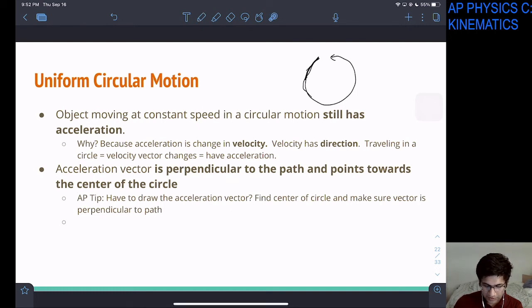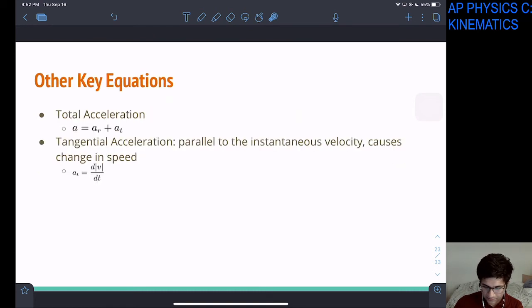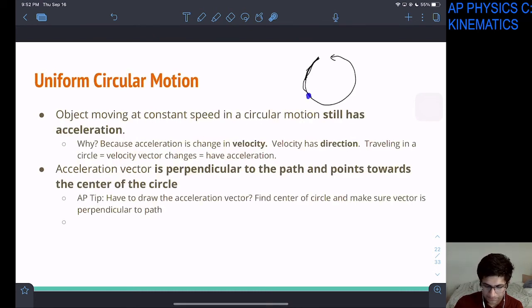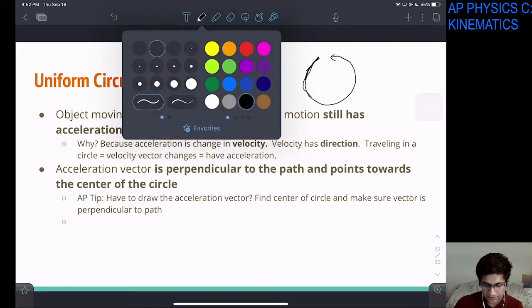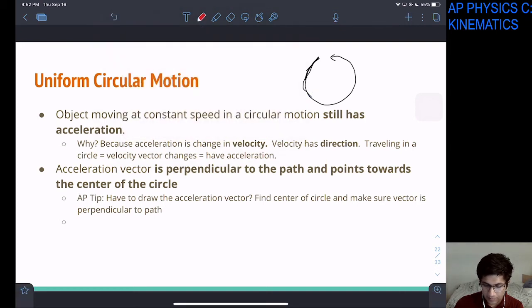The acceleration is perpendicular to the path, and it points towards the center of the circle. You might have seen this in physics 1. You can derive this if you want. Remember, we had the concept of our displacement vector. Similarly, if you take two consecutive velocity vectors, here and here, they're tangents, and then you subtract the two, you'll see that it points towards the center of the circle.